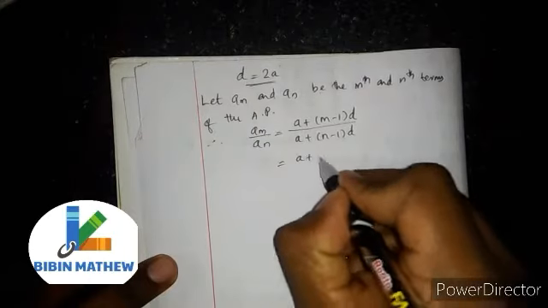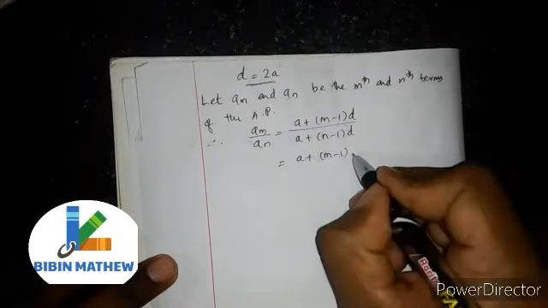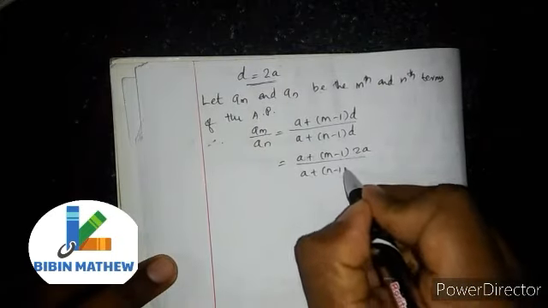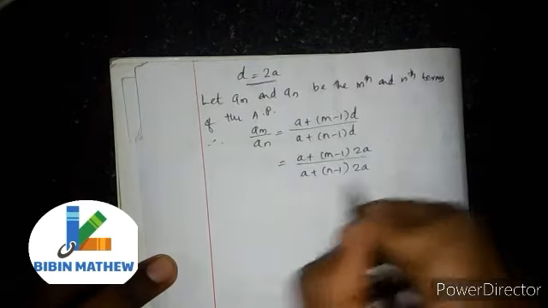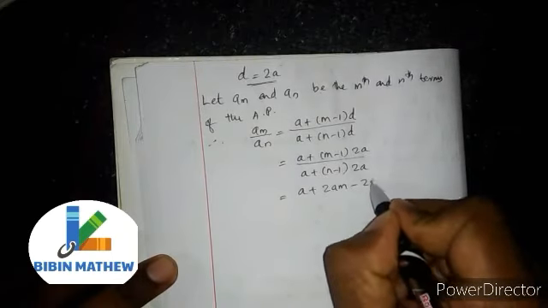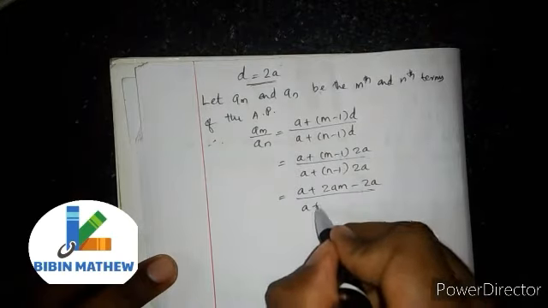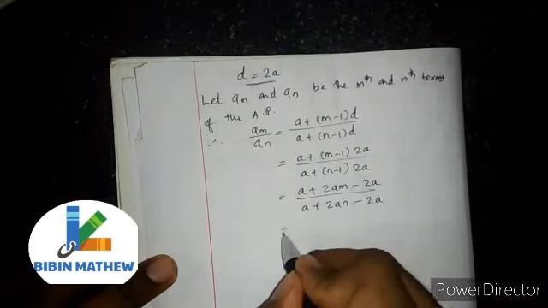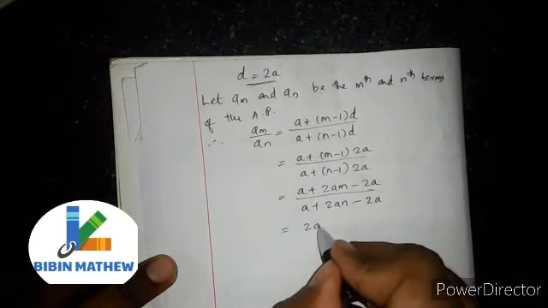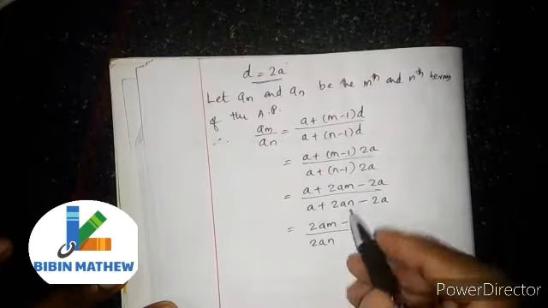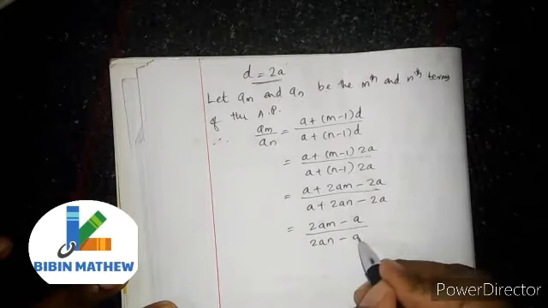So a plus m minus 1 into... now we got the value of d as 2a, substitute 2a, divided by a plus n minus 1 into d, again 2a. Now open the brackets. a plus 2am minus 2a divided by a plus 2an minus 2a. Now a and a are like terms, you can add them together. So 2am minus a will come, plus a and minus 2a in total, and similarly below 2an minus a.